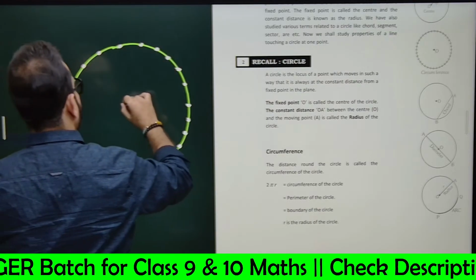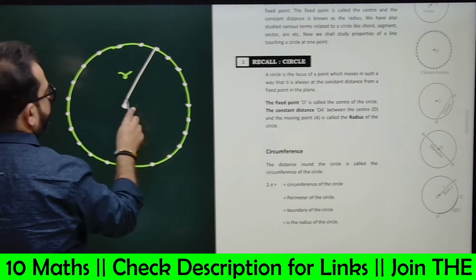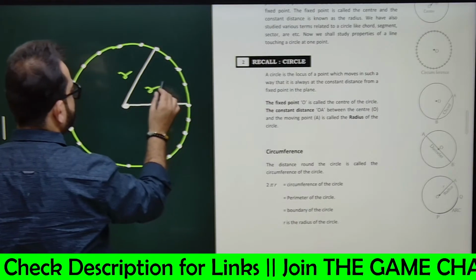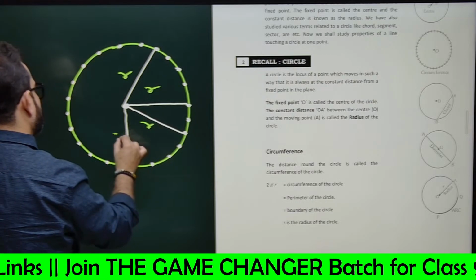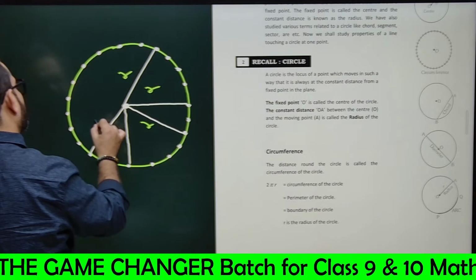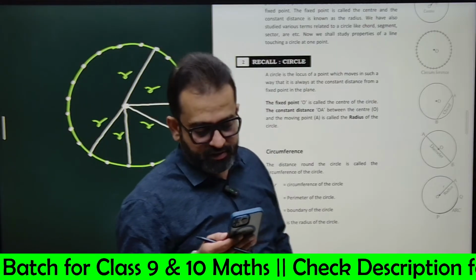If you connect this point to this point, this is radius r. Connect this to this, it is r. That means every point on the circle is at a distance of r from the center. That is the radius of the circle.